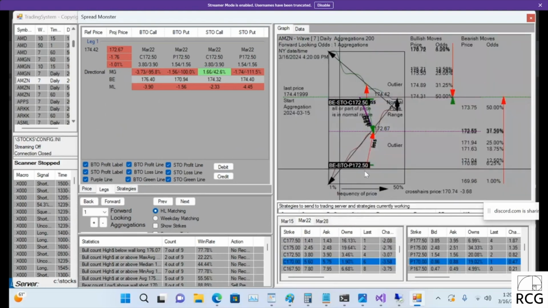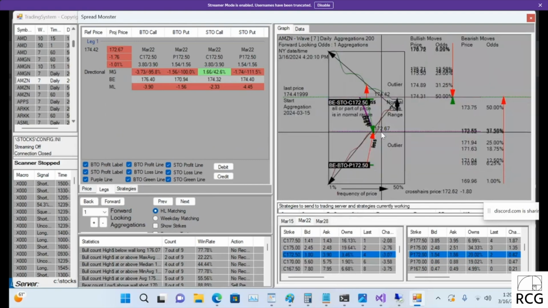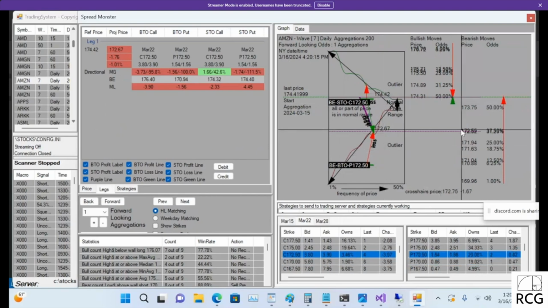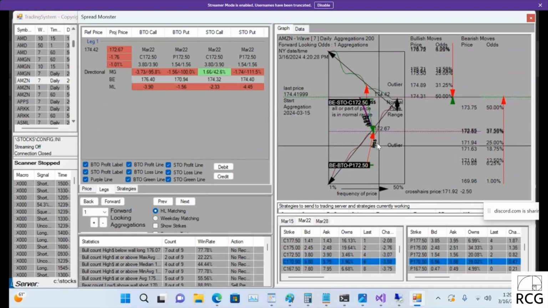Even more than 50%. Yeah, because it's going to be around 50% of the action, which is about right in here, roughly.